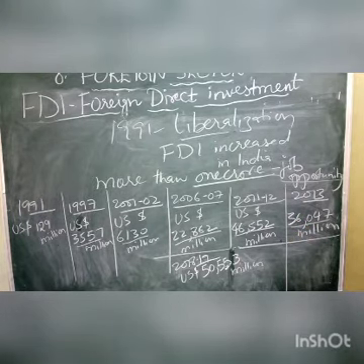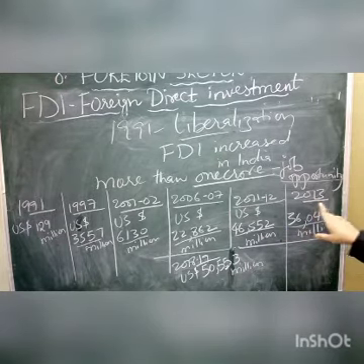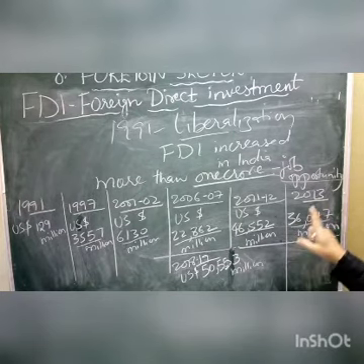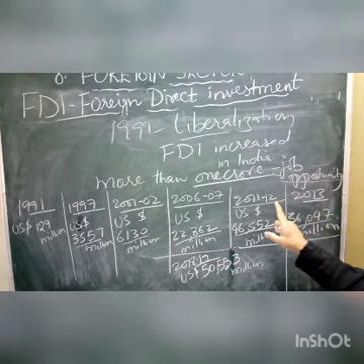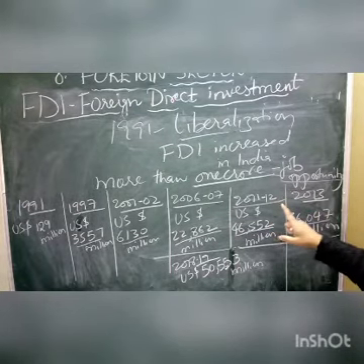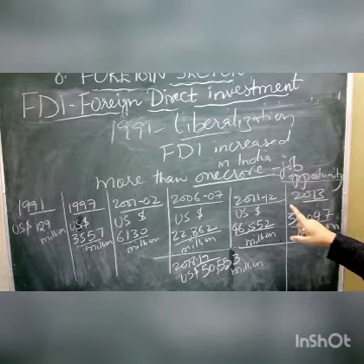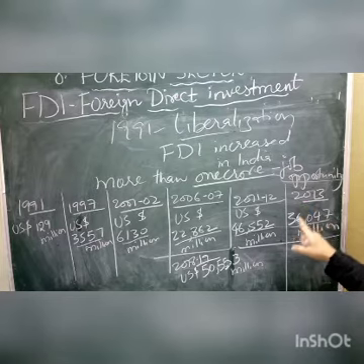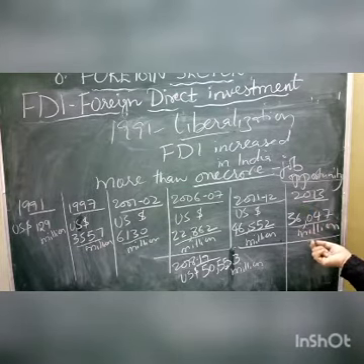What is the reason that FDI declined from 2011-12 to 2013? The reasons, children: rise in corruption cases, unnecessary procedural delays, environmental related issues and higher inflation. Nearly 4 are there. What are they? Corruption cases, followed by procedural delay, then environmental related issues and higher inflation.